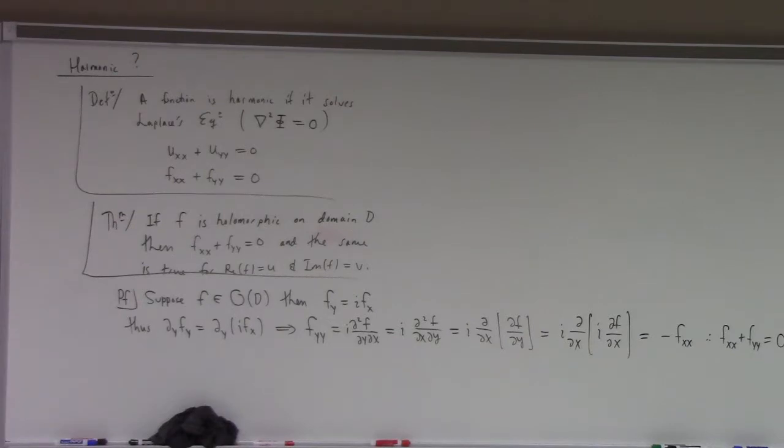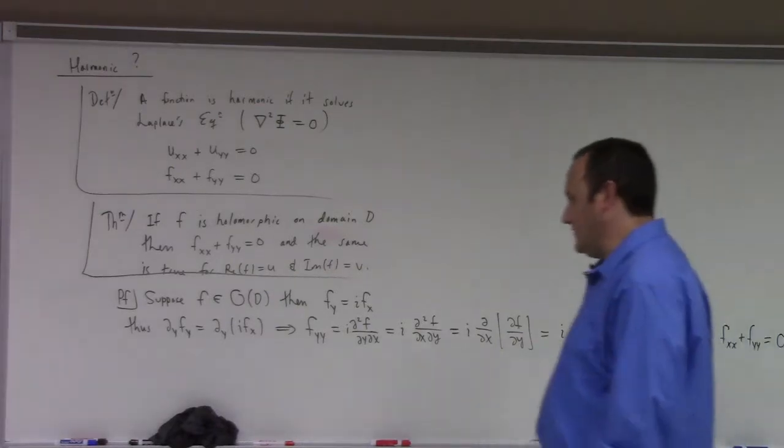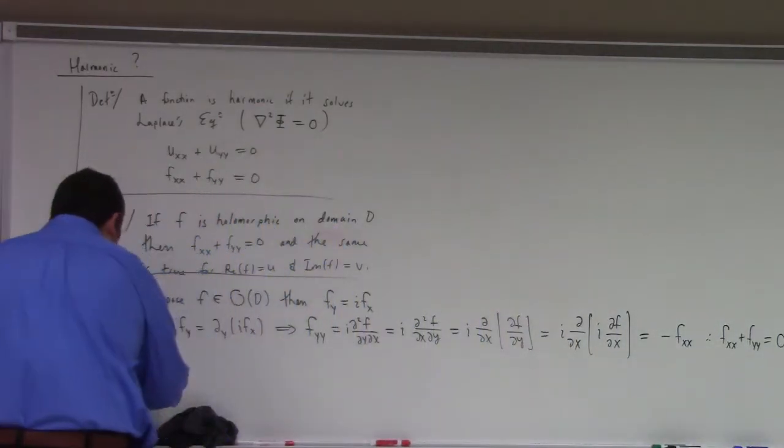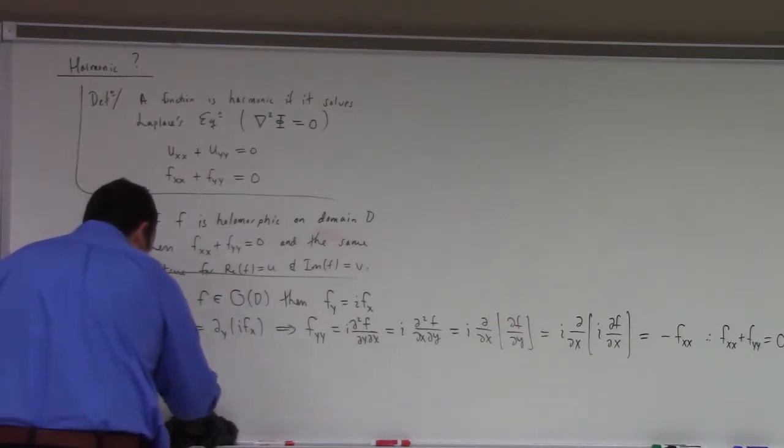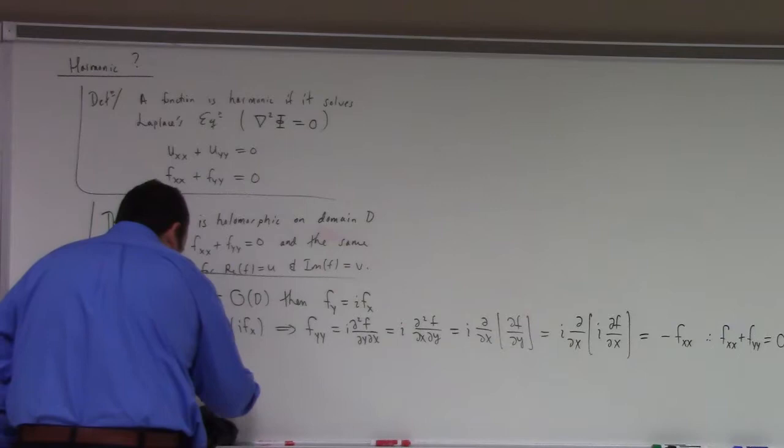And the fact that the component functions solve it is pretty much immediate from the definition of how we partially differentiate a complex valued function, right? What's the definition of partial f partial x? By definition, that is partial u partial x, plus i times partial v partial x.